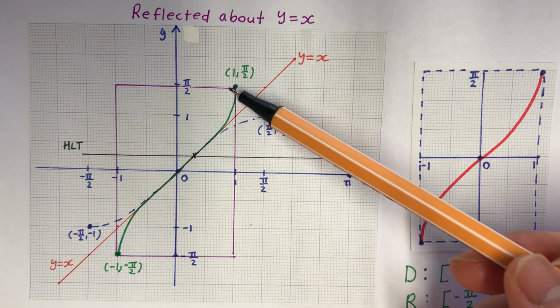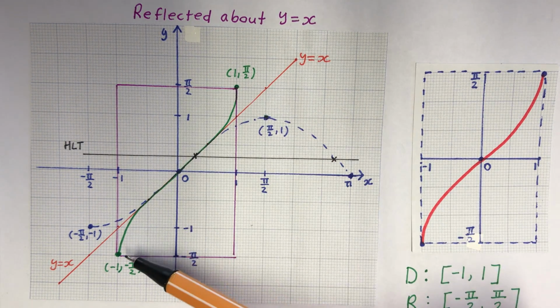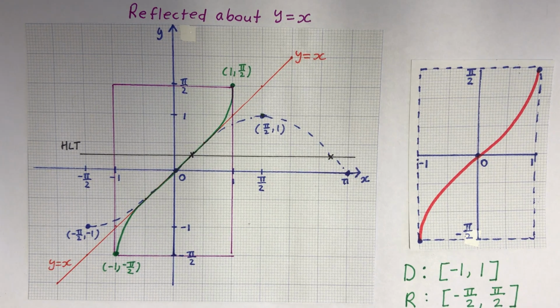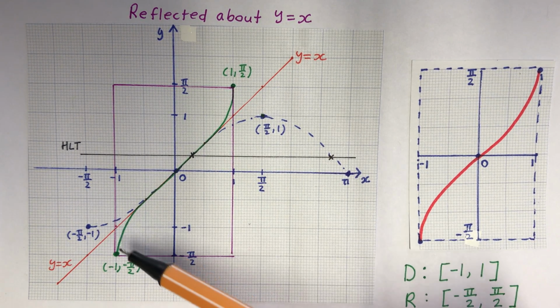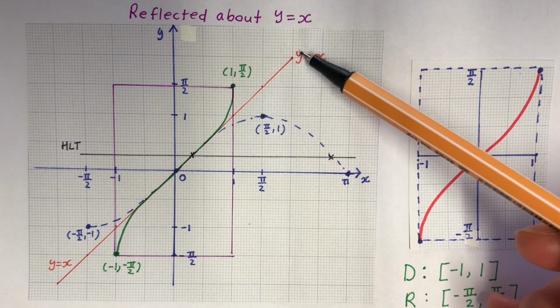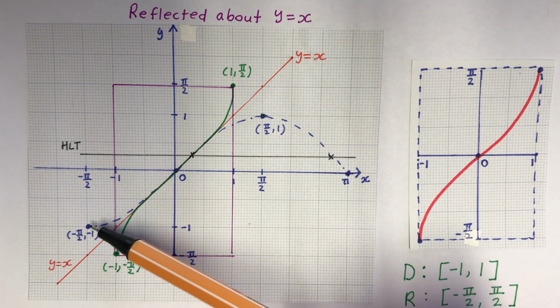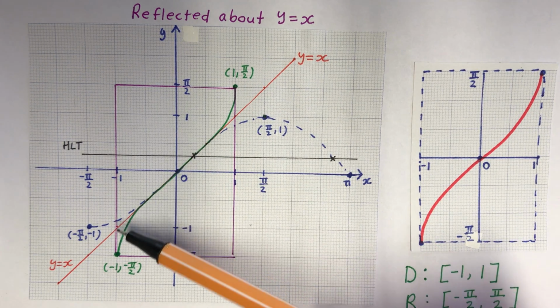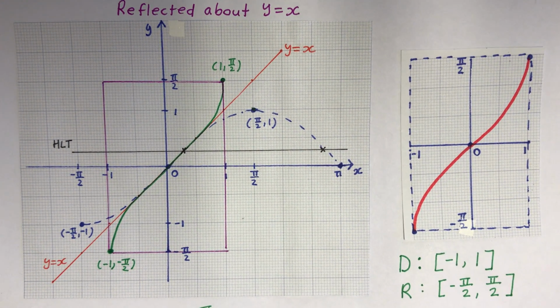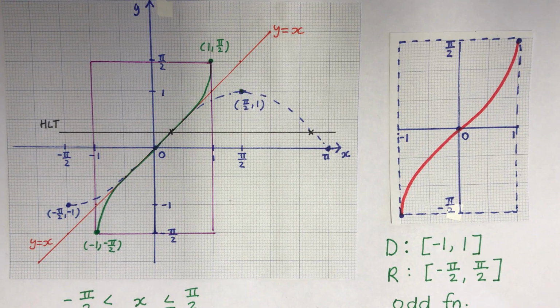That's where my maximum and minimum are going to go for my inverse function. Then I reflect it about the y equals x line. So that goes to here, that goes there, and I just follow it, and that's my inverse sine x.